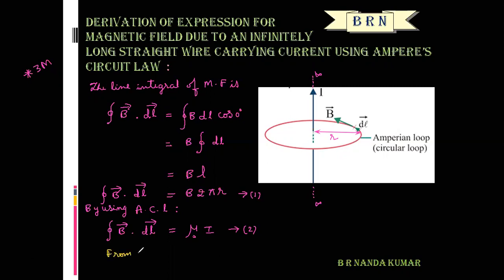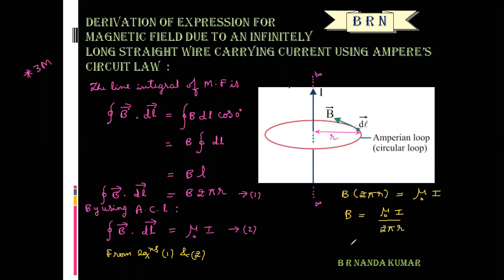So now comparing the two equations 1 and 2, we can conclude that the LHS sides are the same. So equating the RHS sides, B into 2 pi r is equal to mu naught I. So B is equal to mu naught I divided by 2 pi r.